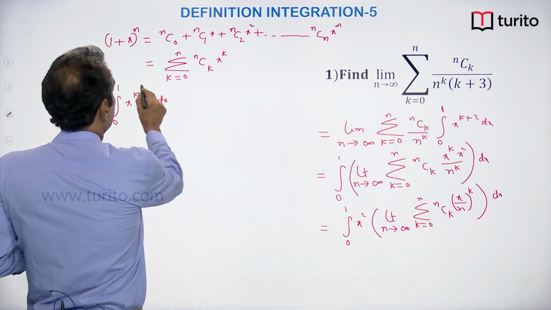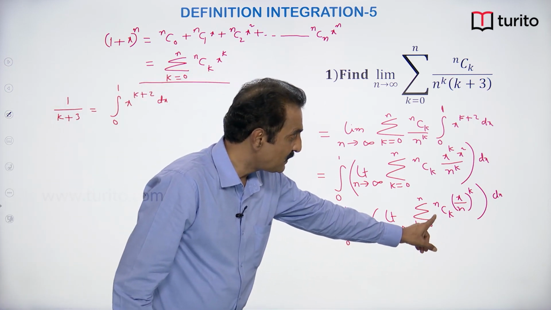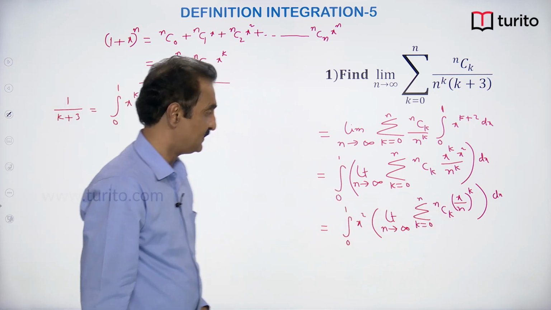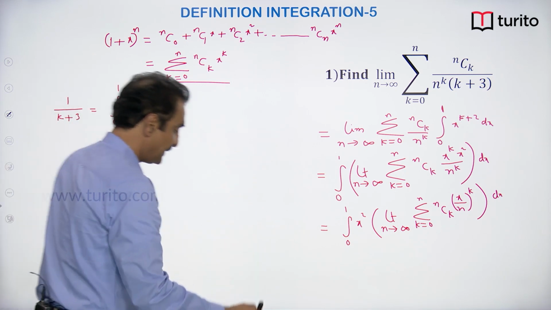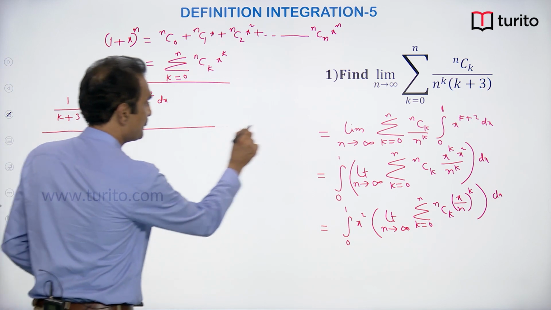Now, apply this binomial theorem. This becomes 1 plus x by n whole power n.